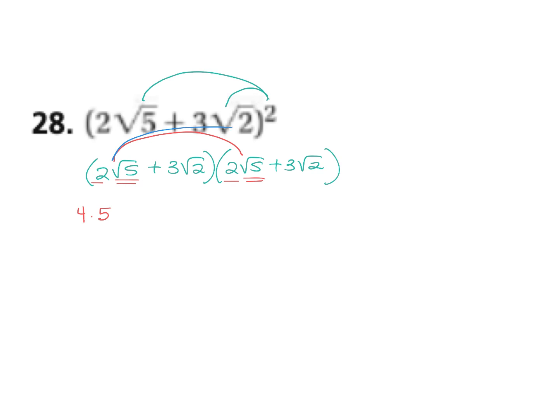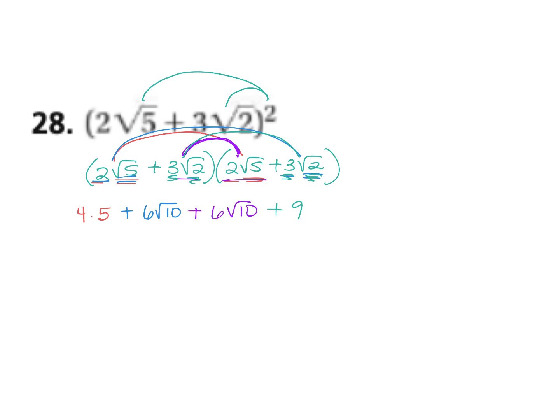Your outside, this is going to be plus 2 times 3 is 6. Rad 5 times rad 2 is rad 10. Your inside is going to be this, the purple, 3 rad 2 times 2 rad 5 is 6 rad 10 again. And then your last is going to be 3 rad 2 times 3 rad 2. So 3 times 3 is 9.